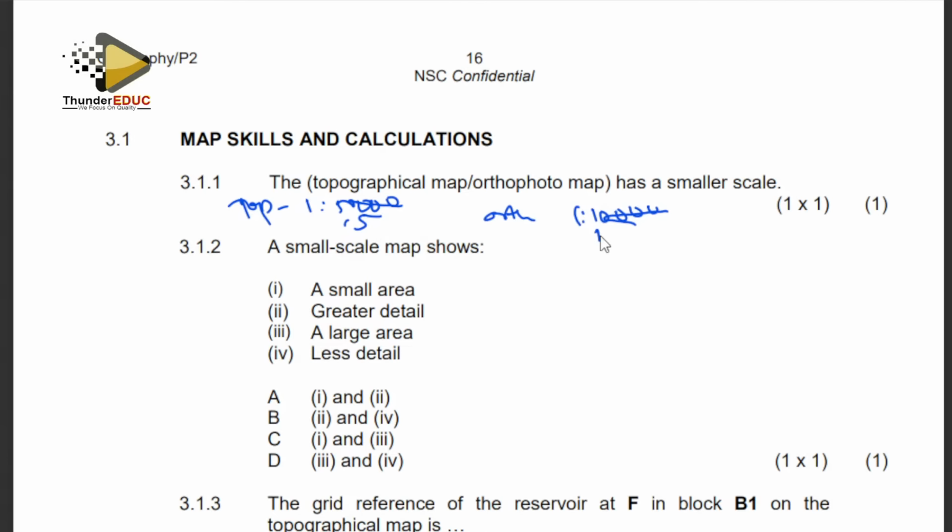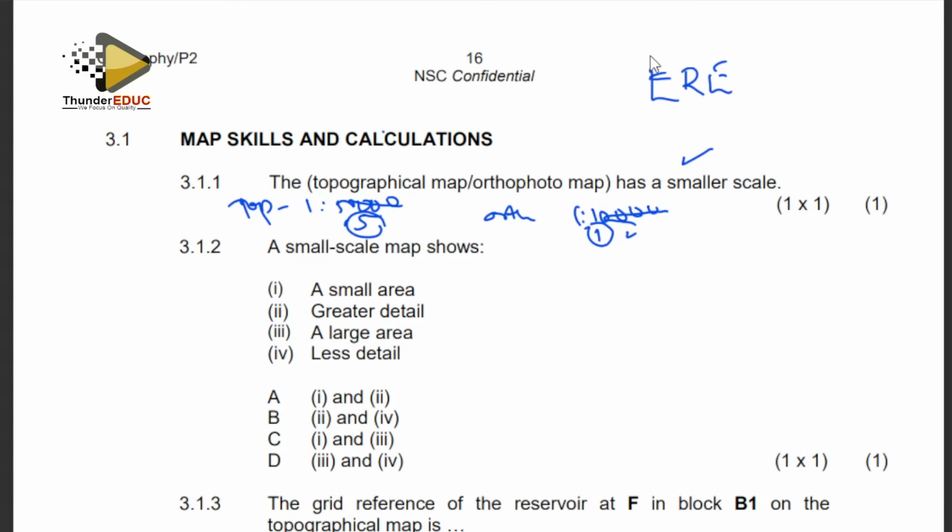But in this sense, the smaller the number, the bigger the map. The bigger the number, the smaller the map. So the topographic map with 5 is smaller. The orthophoto map with 1 is bigger. Please understand that.